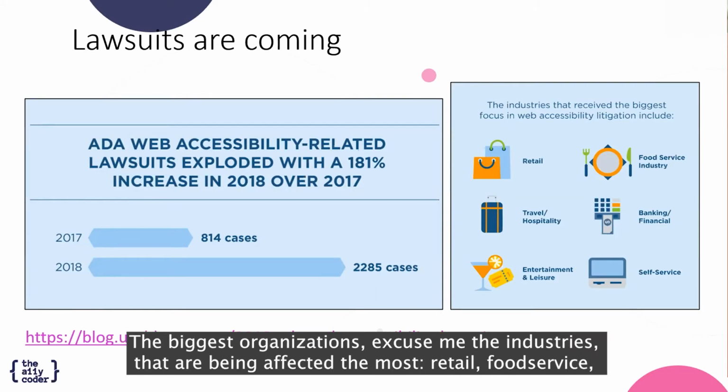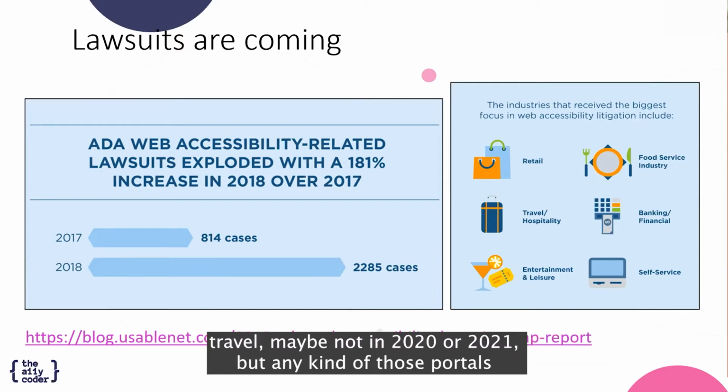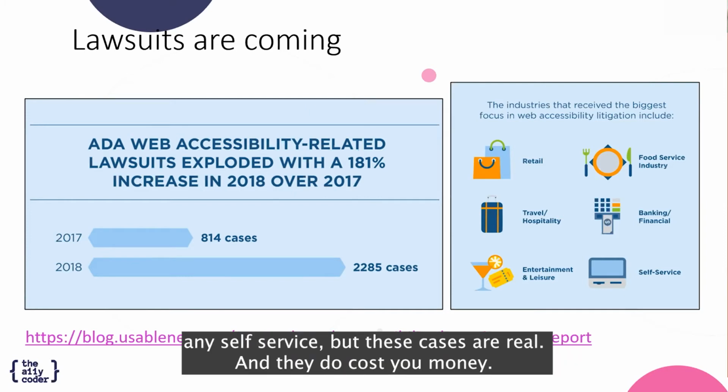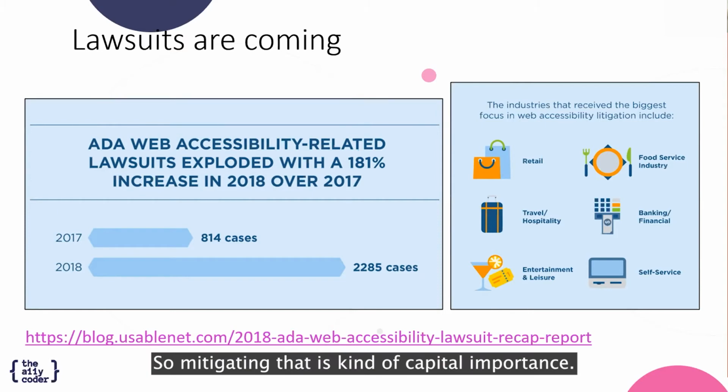The industries that are being affected the most: retail, food service, travel, maybe not in 2020 or 2021, but any of those portals where you have to book and transfer money, banking, financial, entertainment and leisure, any self-service. But these cases are real and they do cost you money. So mitigating that is of capital importance.